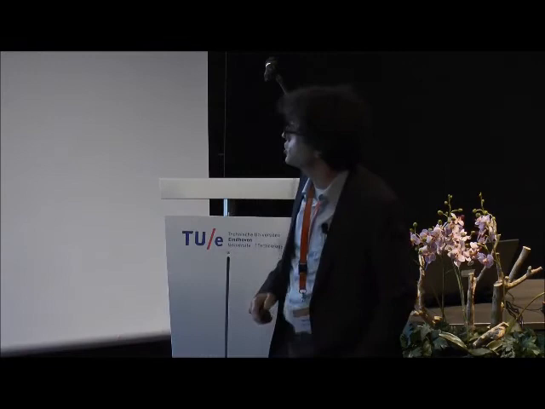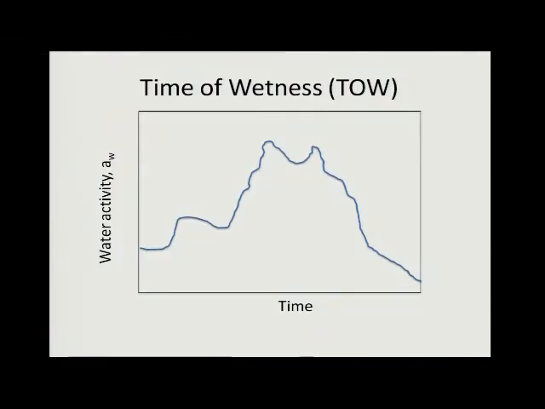So just to show that visually for a second, if we have water activity as a function of time in a building here, and let's say we have a microorganism that requires a water activity of 0.7 to proliferate, the time of wetness here is the amount of time that the trace is above 0.7, shown there by the arrow at the bottom.